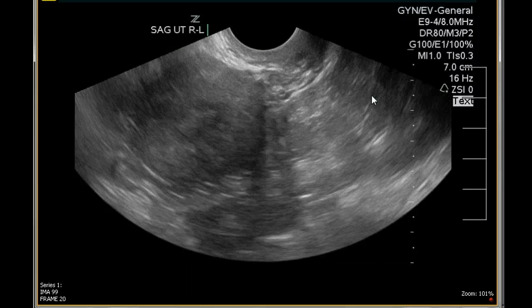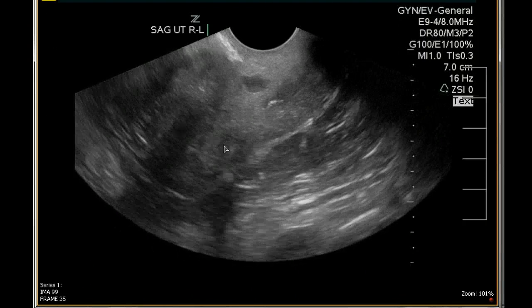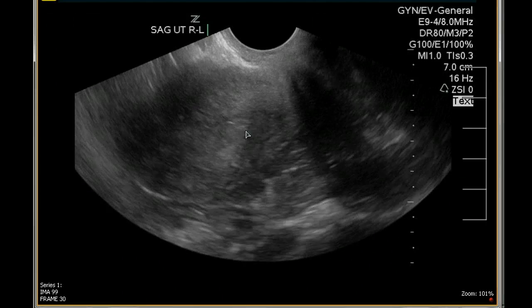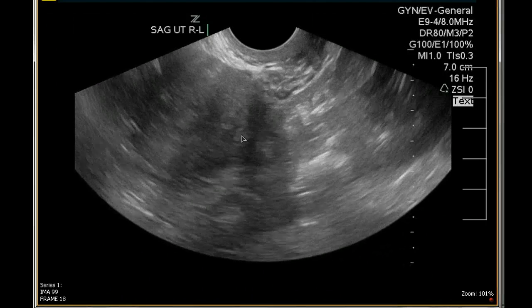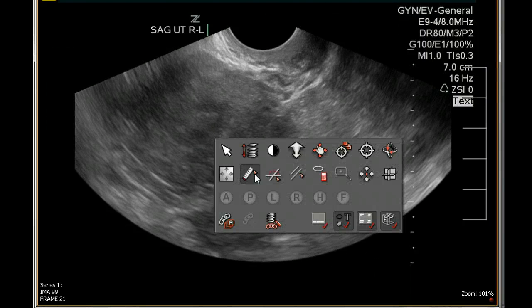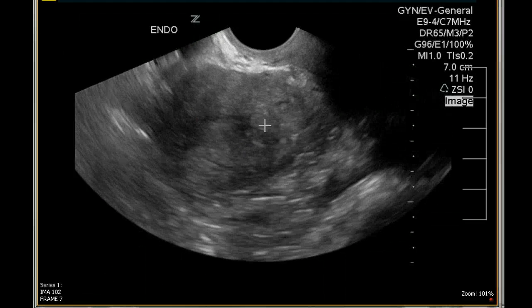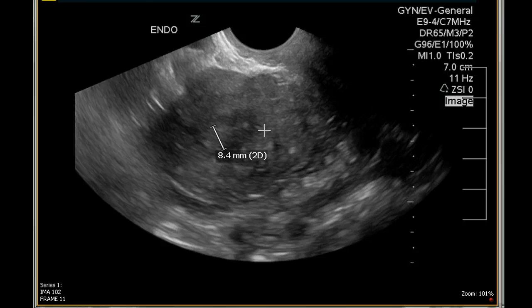So let's take a look. We were going to check into this endometrial canal measurement. You can already see that we're not really seeing the endometrial canal beautifully, but as we get through right here, that's that picture we saw earlier. Try and make a measurement on it, and we're getting 7.2 and 8.4 here.